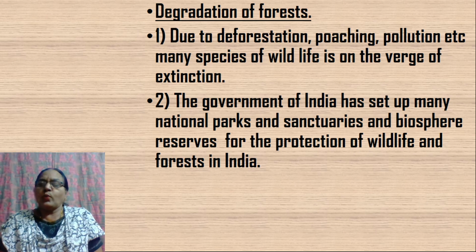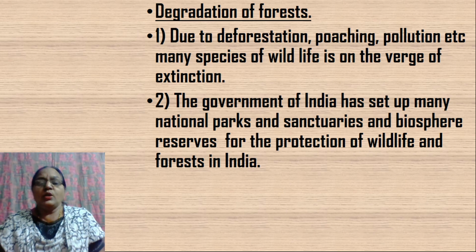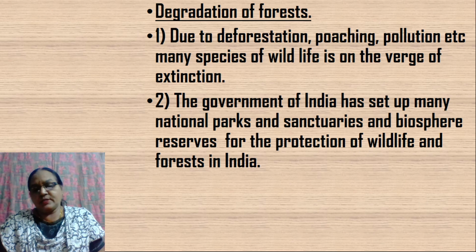So we have many wildlife sanctuaries. For example, we have the Kaziranga National Park in Assam, which is devoted to the one-horned rhino as well as elephants. Then we have the Gir forests, which are known for its lions. Then Ranthambore, where we have tigers.